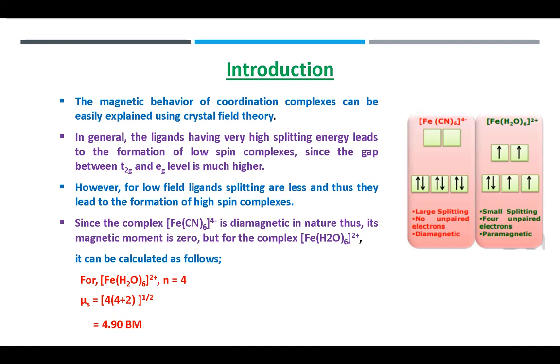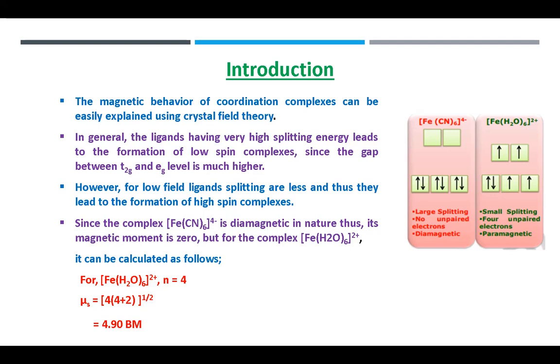Since the hexacyano-iron(II) complex is diamagnetic in nature, its magnetic moment is 0, but for the hexa-aqua complex, it can be calculated as follows. For the hexa-aqua complex, n is equal to 4.